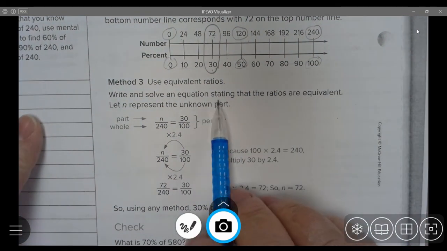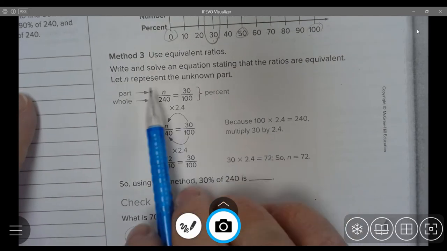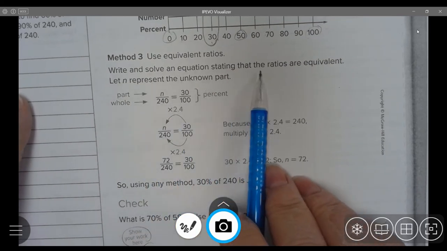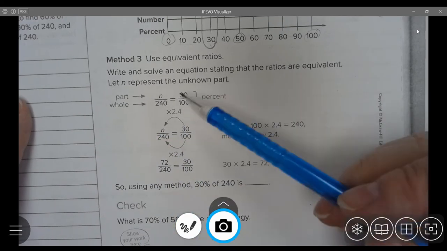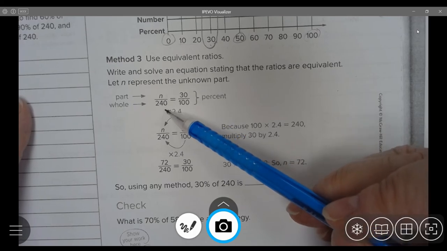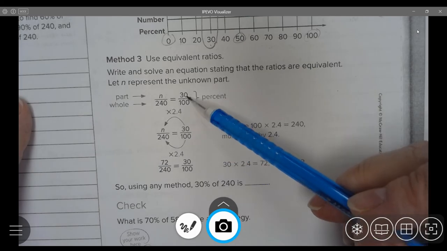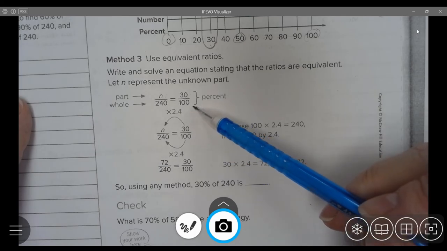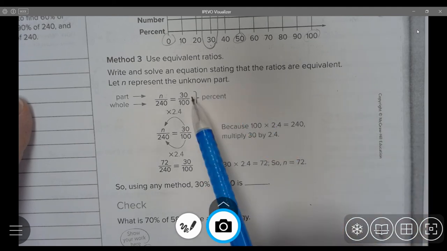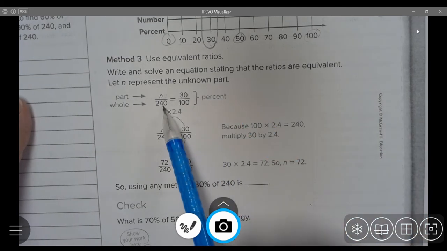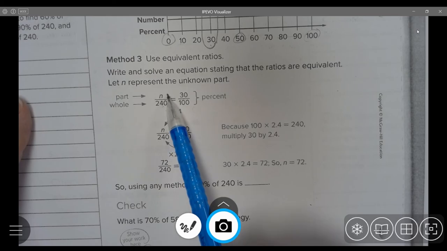Third method, use equivalent ratios. So write and solve the equation stating that the ratios are equivalent. Let n represent the unknown part. So we don't know how many of the 240 would be 30% of the 100, just like what we did with the other methods or the other examples. So we would say 100% equals 240, 30% equals what?